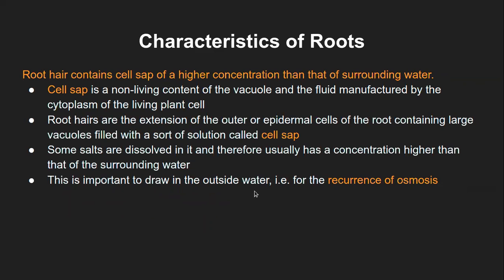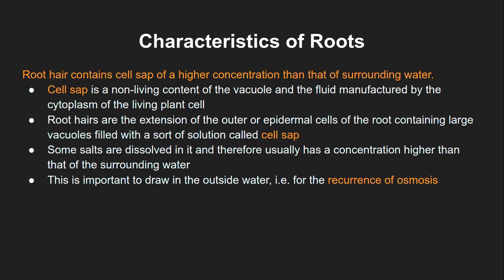Now the second point, which was talking about the concentration gradient, says cell sap. Cell sap is a non-living content of the vacuole. Within the plant cell there is a vacuole structure, and the non-living content of that vacuole, whether water or some minerals present inside the vacuole, which is inside the plant cell, is called cell sap.